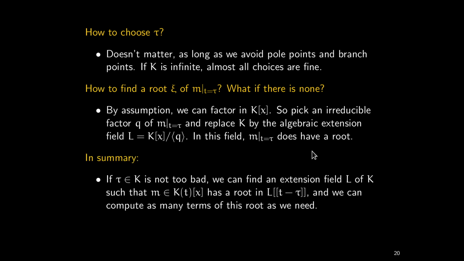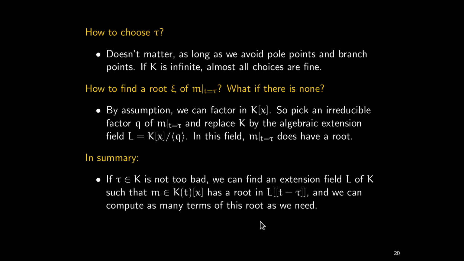Okay, so in summary, if the tau is not too bad, and we saw that only finitely many taus are bad, then we can find a field extension of L so that the M has a root in this power series ring, which in general is in t minus tau, and over the extended field.